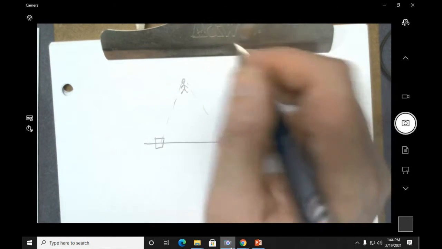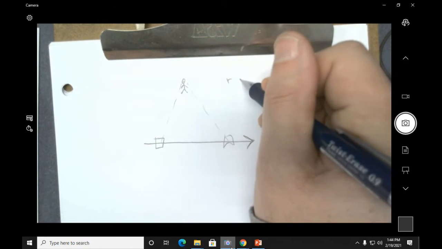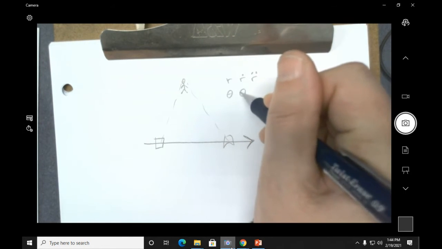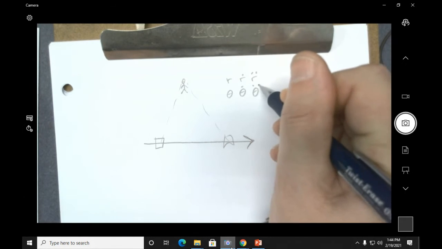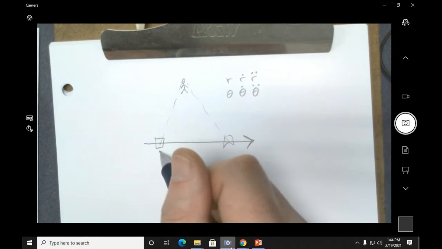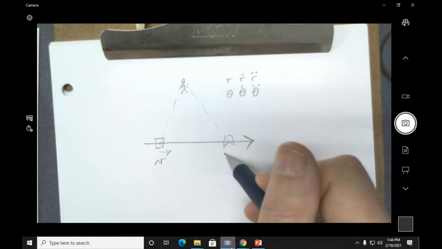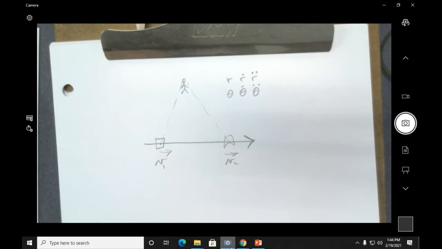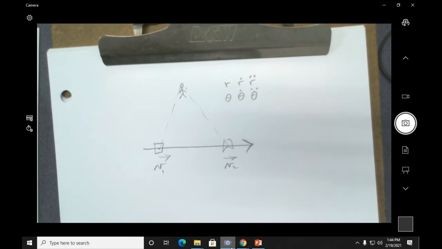And we want to know what is the R dot, the R double dot, the theta dot, and the theta double dot if we see them traveling at this velocity here, and then another velocity right here, and we assume that there's a constant acceleration between here and here.